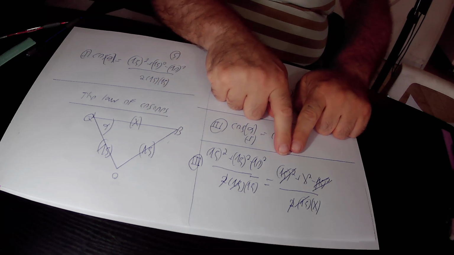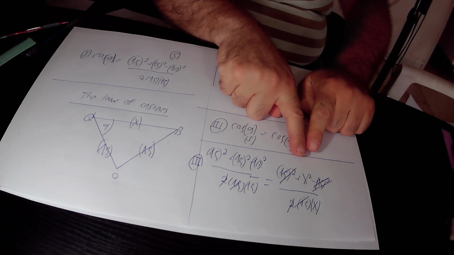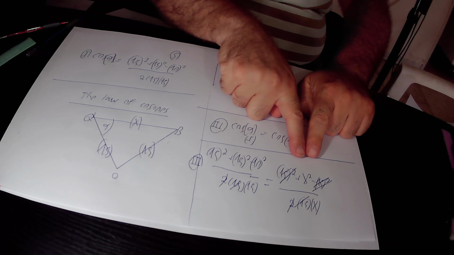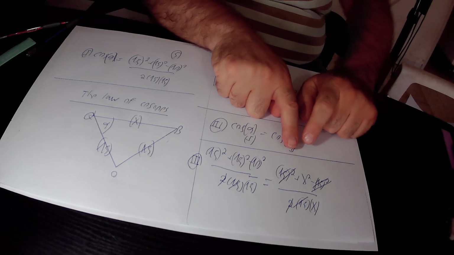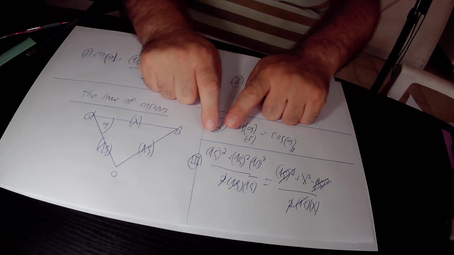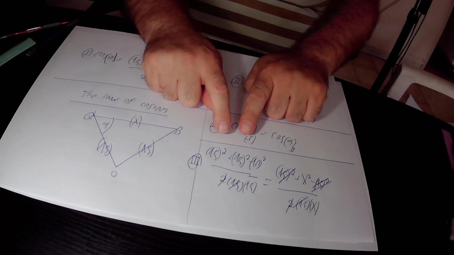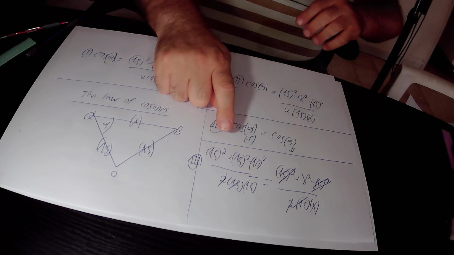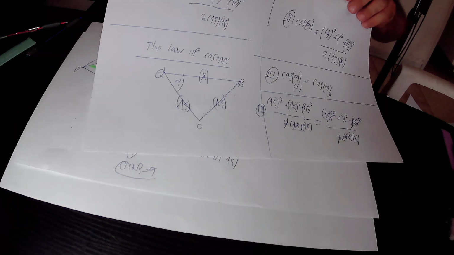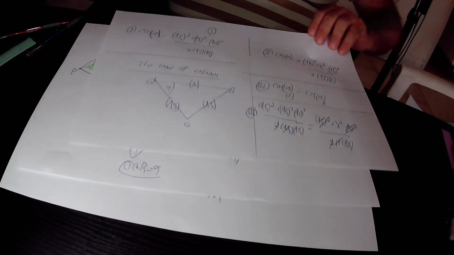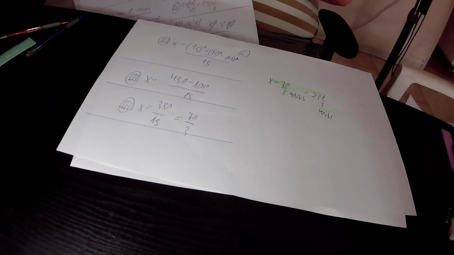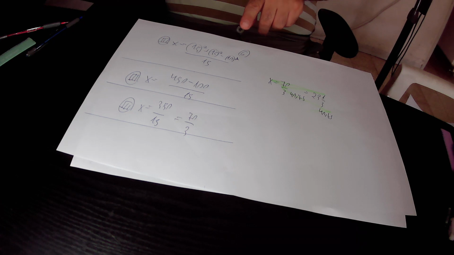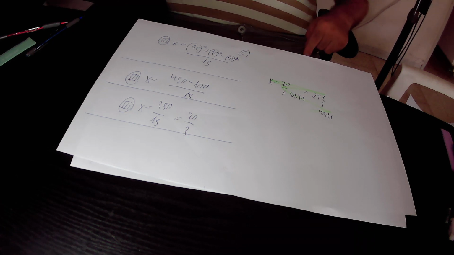Here 15 squared minus 15 squared is 0, so on this side we have only x squared over x, which is x. On the other side, we have 15 squared plus 15 squared minus 10 squared over 15. So in total, x equals 15 squared plus 15 squared minus 10 squared over 15.